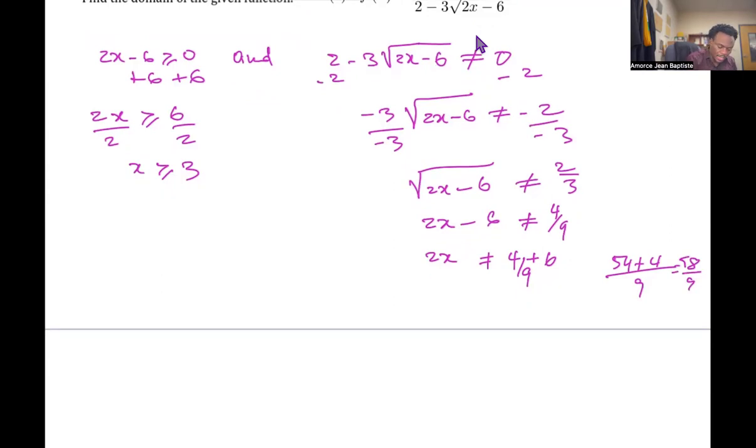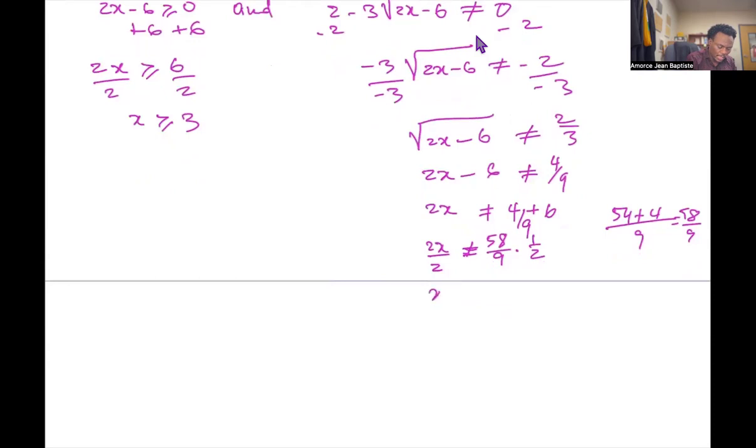So 2x is not equal to 58/9. And then if we divide by 2, meaning multiply by 1/2, we get x that is not equal to 29/9. Let's see what it looks like on the number line.